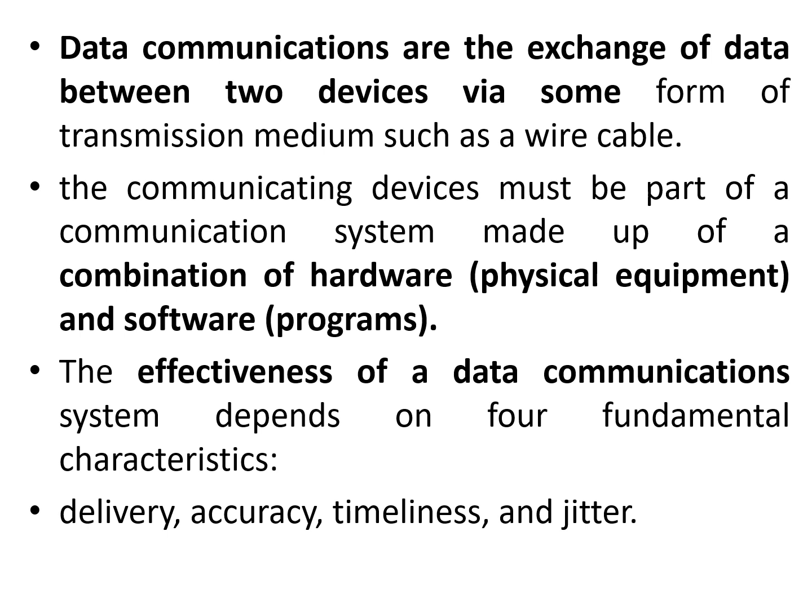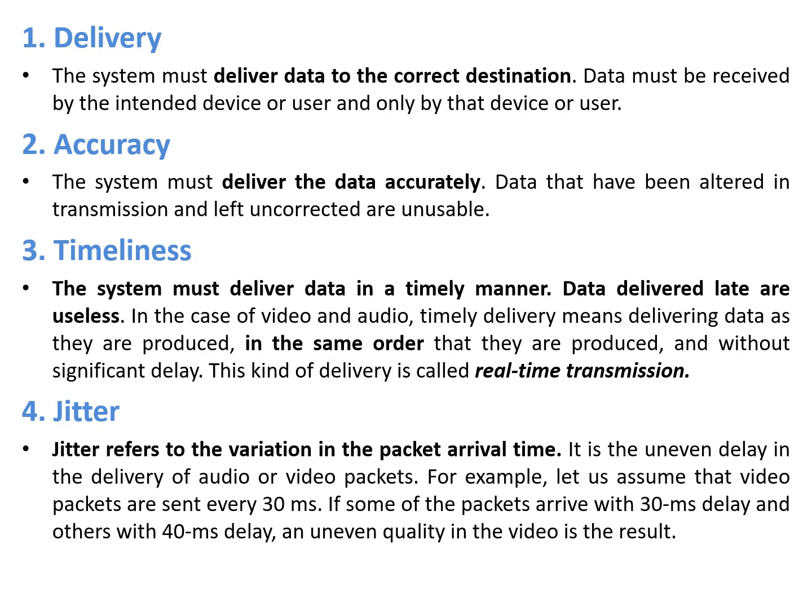So when you talk about the physical equipment we use and the programs we write in order to perform the communication, the effectiveness of data communication basically depends on four fundamental characteristics: delivery, accuracy, timeliness, and jitter. Let us discuss the concepts of these characteristics of data communication.